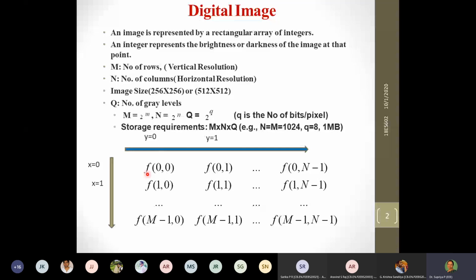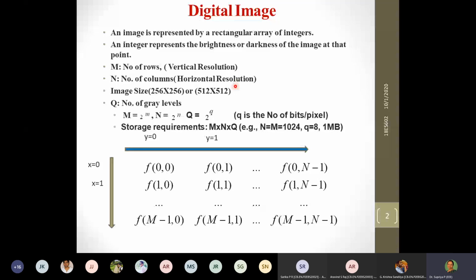The number of rows, that is the maximum value of x, tells us what the vertical resolution of the image is, and the number of columns, that is 0, 1, 2 up to n minus 1, which means we will have a total of n columns, tells us about the horizontal resolution of the image.